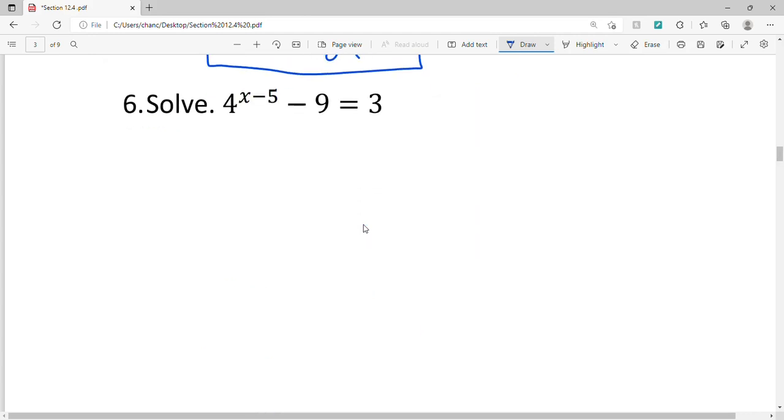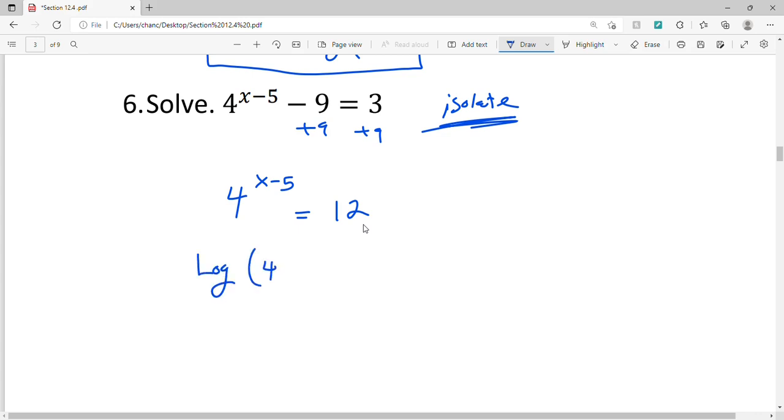In example 6, I am first going to isolate that exponent. Let's isolate that exponent first by adding 9 to both sides. 4 raised to the x minus 5 is equal to 12. And here we cannot get the same base, so we'll start by taking the log of both sides.